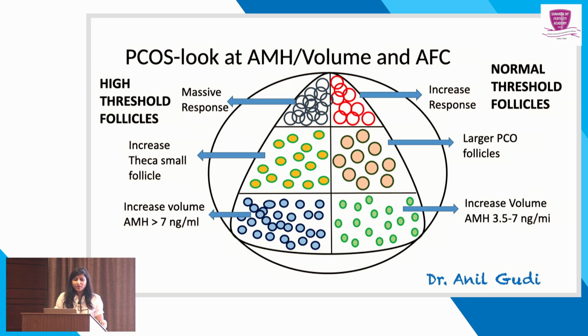So when we look at the AMH and volume of AFC, why do we need to understand why there is a bad PCOS and why it's a good PCOS? A good PCOS, as I mentioned, is where letrozole forms 2 follicles, or she is responding to the ovulation induction agent. But if you have a lady who gives a history that unless and until she takes medicine, she doesn't get withdrawal menses.